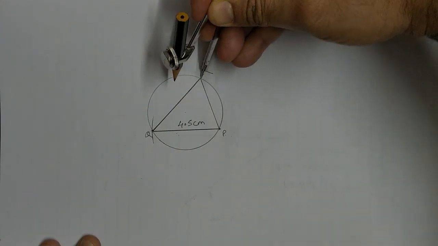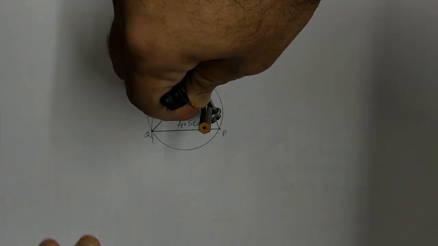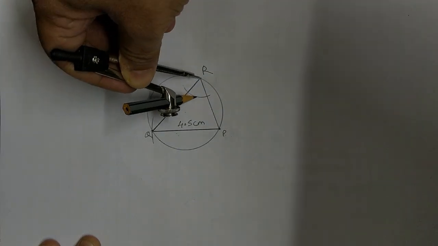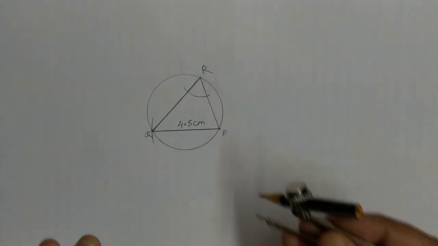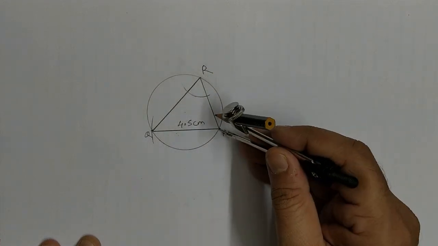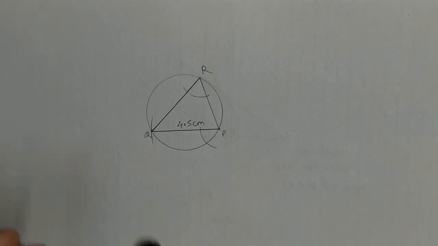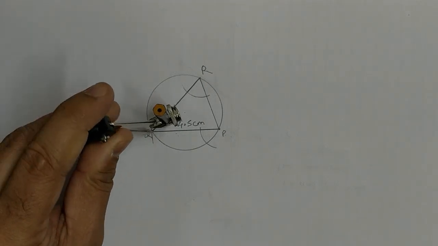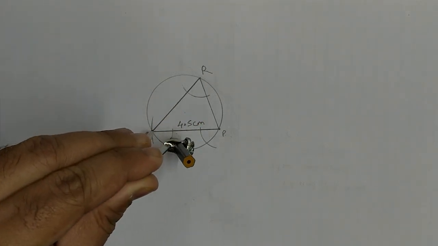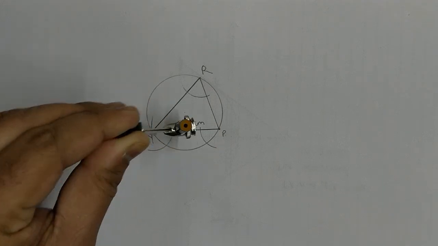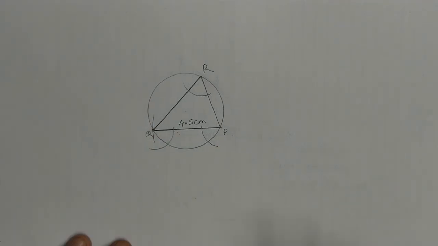From R we cut an arc of any measure. With the same measure from P I cut an arc, and from Q I cut an arc.